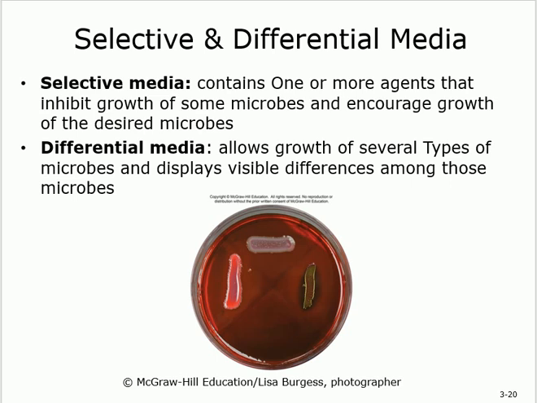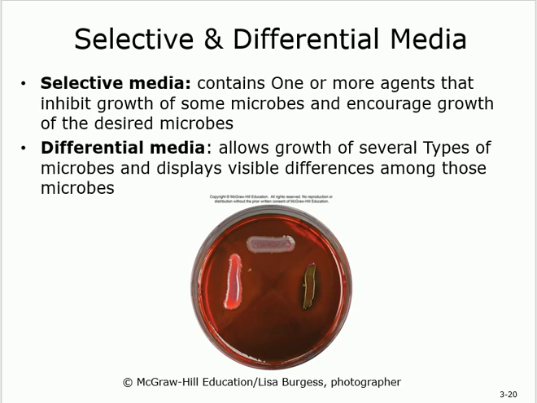The next type of media is called differential media. And to remember it, it's the one that will show you the difference between organisms. Differential, difference. Differential, difference. So it shows you the difference. This is a media that is produced in a way to allow you to differentiate.